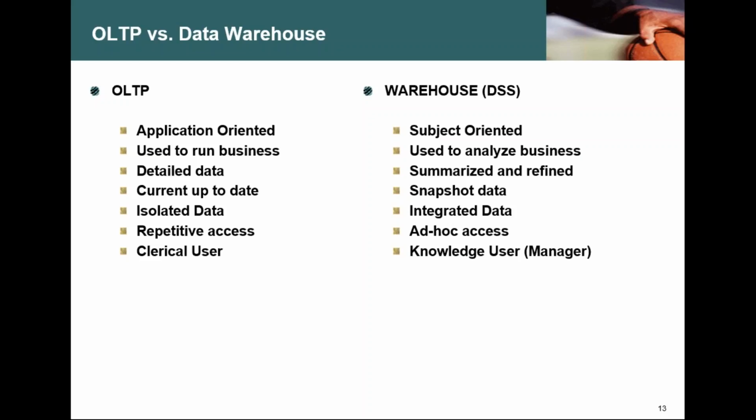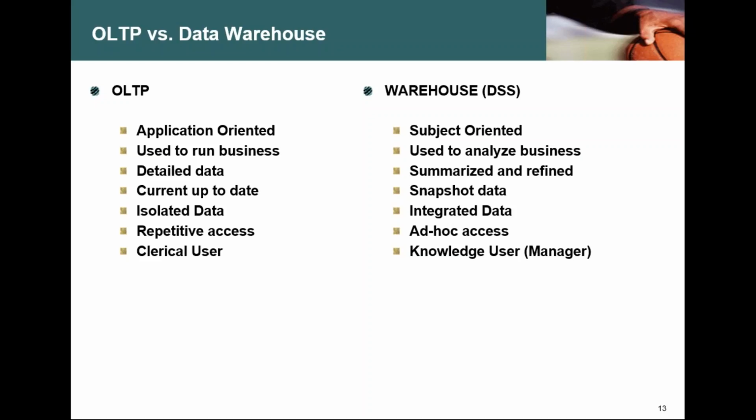Okay. So repetitive access, ad hoc access. In the OLTP, every minute is kind of repetitive. So many people can access at the same time. But the warehouse is ad hoc, only at certain times you are going to generate the reports. That's why OLTP systems are very sensitive compared to a data warehouse. If something happens to OLTP, the whole business is going to be down.